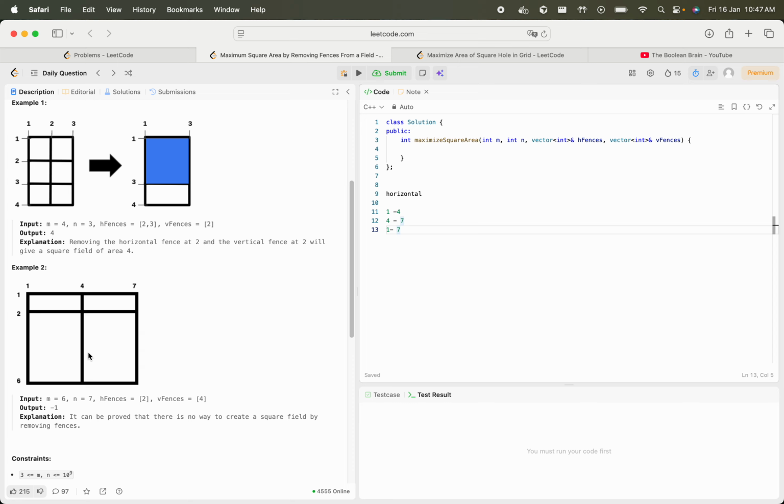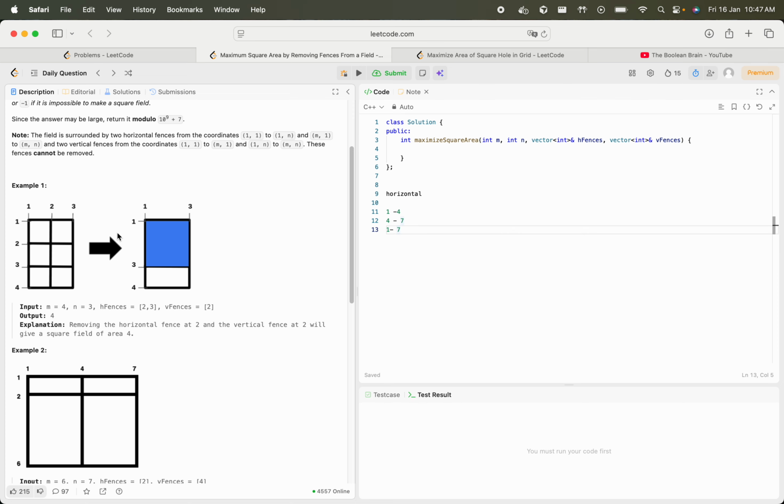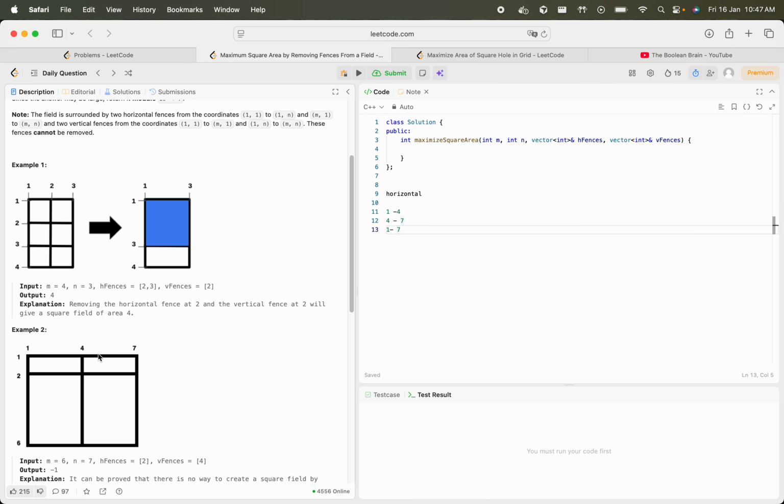Because we have one fence at the center. We can have combinations around this only, because the problem mentions removing the vertical or horizontal bars, right? So if I remove this, my entire width becomes 1 to 7. But if I keep this as it is, then the possible widths become 1 to 4 and 4 to 7. So these are all my combinations.